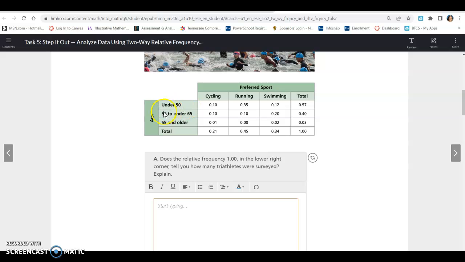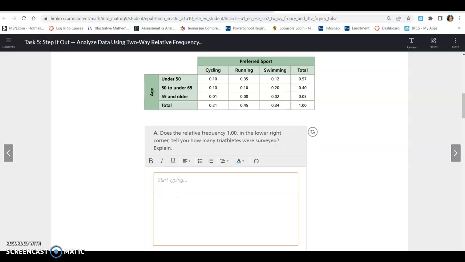It says under 50, 50 to 65, 65 and older. Cycling, running, and swimming. So you can see these percentages here. Again, these numbers total at the bottom, these numbers total here, and then the rows total on this end. All of these total up to be 100%, which is what the 1 represents here. So it says, does the relative frequency 1 in the lower right corner tell you how many triathletes were surveyed?